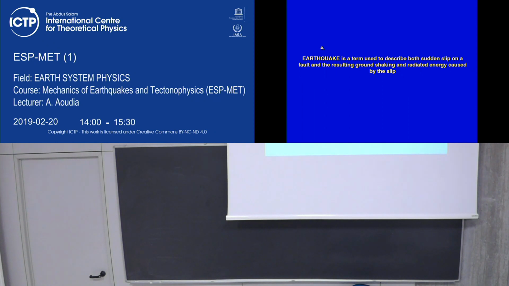Okay, then what you did up to now with Fabio is mainly looking at kinematics. But you will see the kinematics on my side, but not from a point source approximation, not just from a single focal mechanism, that you did the course on, what a focal mechanism is, but you will see the source in its complexities.